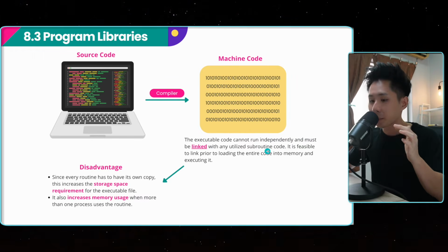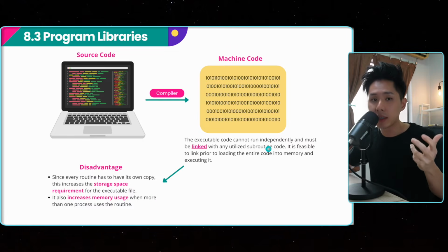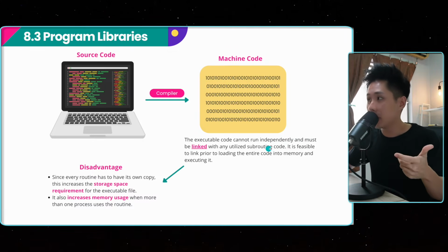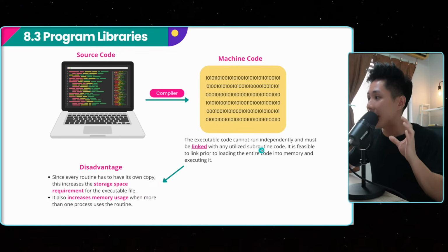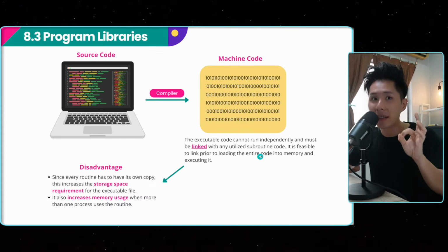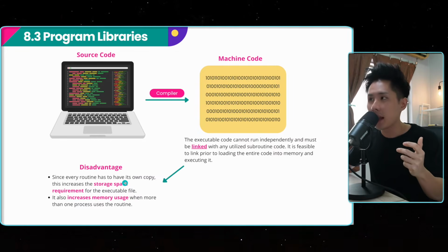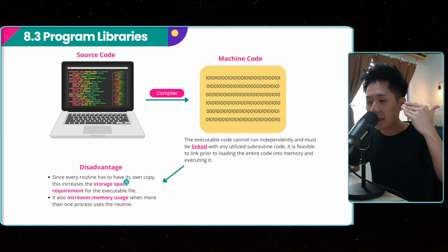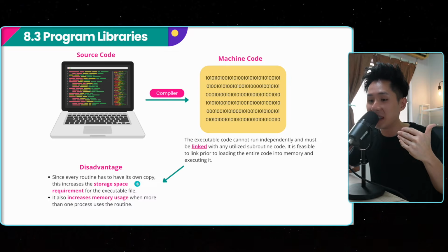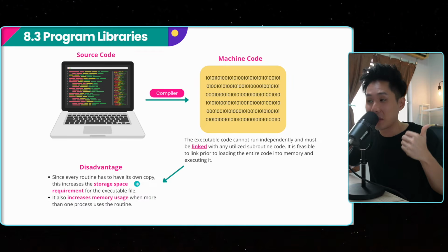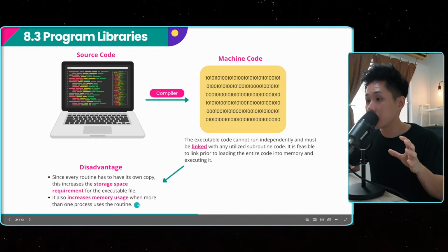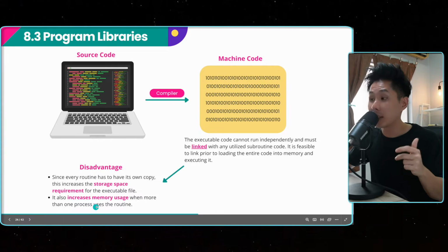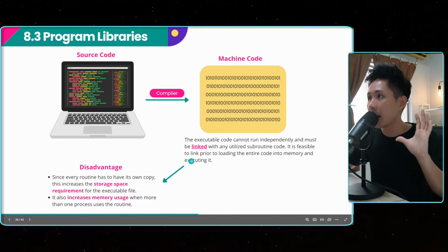This means that if the programmer uses some subroutine, before they run the code, it has to be linked to where the subroutine was written. As a result, the subroutine has to be copied over before it runs. It means it will take up a lot more space. It also increases memory usage when more than one process is using the routine.